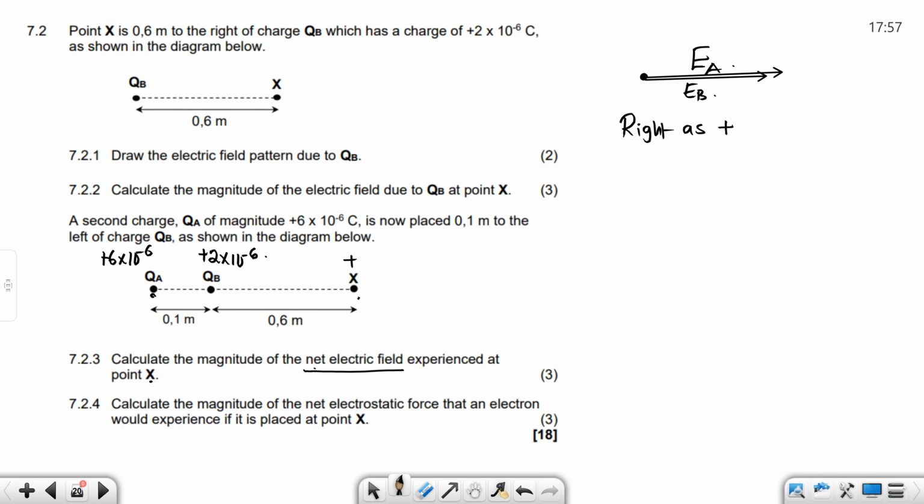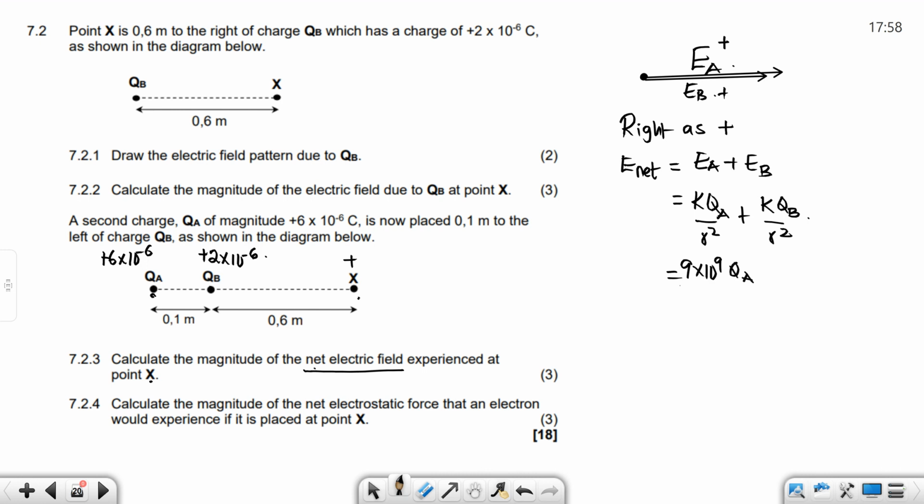What is our E net? Since both of them are positive, we go back to Newton's law. EA plus EB. But what is E? KQ over R squared plus KQ over R squared. But which Q here? QA and, all right, what do we have? 9 times 10 to the power 9.